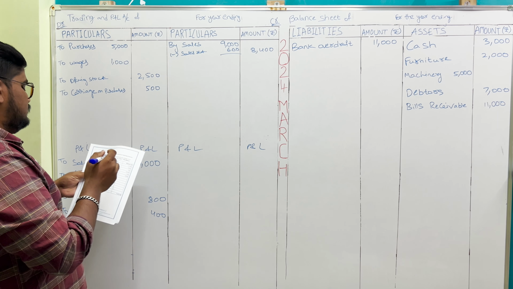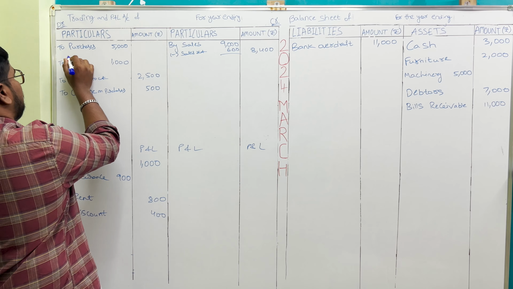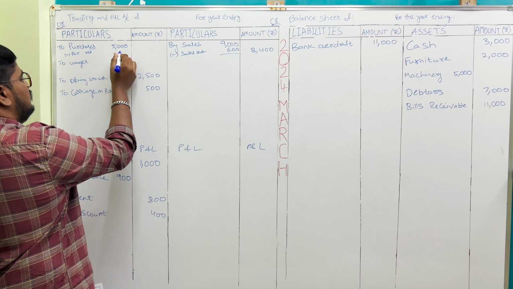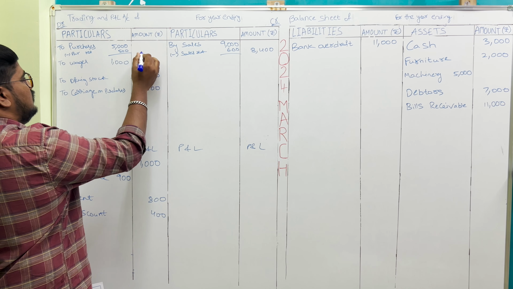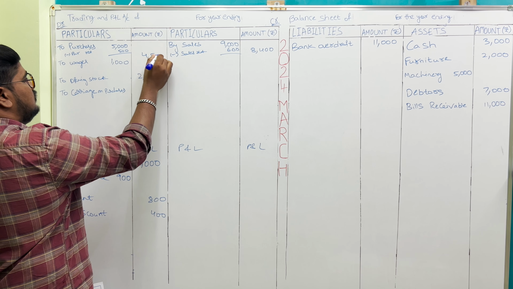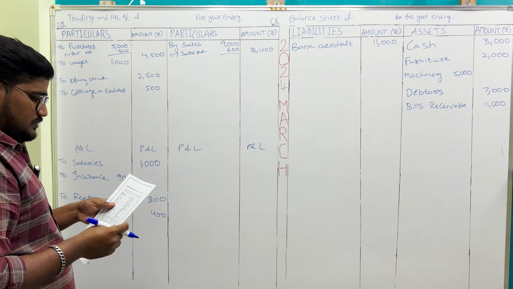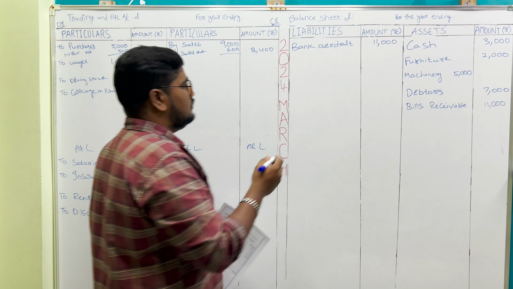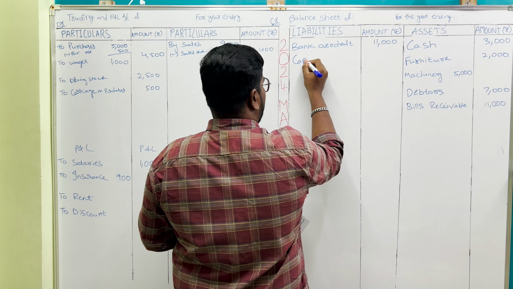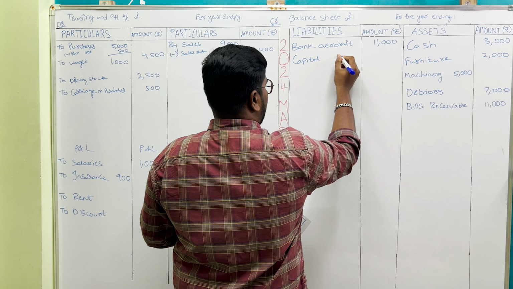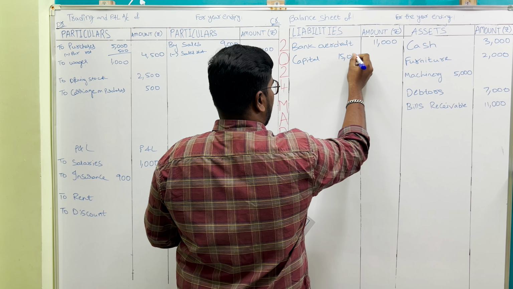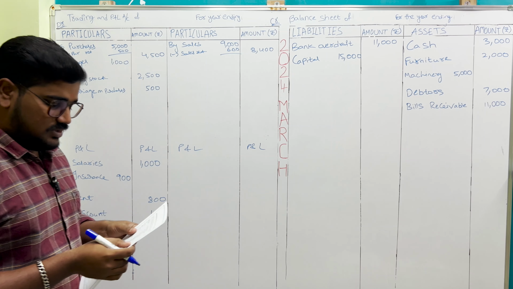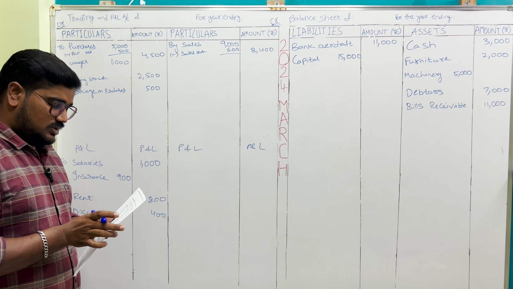Purchase return, how much purchase return? 500, minus purchase return 500, and 4,500 in the outer column. Chalo. Next, capital is 15,000. Capital is a liability, as business and owner are different. We will have an adjustment. That's the reason why we kept it inside the amount.